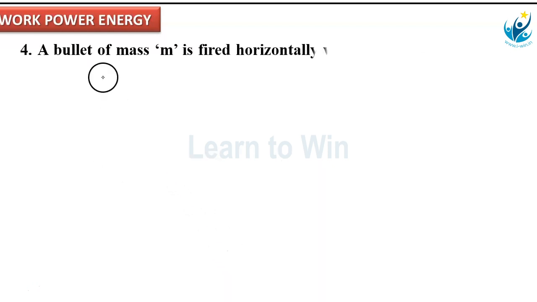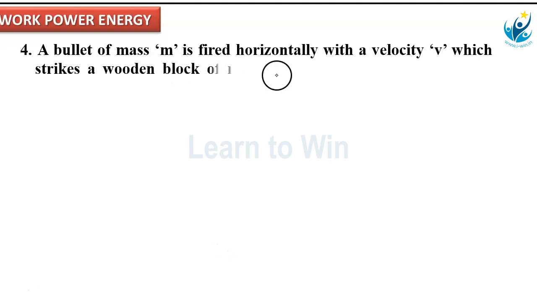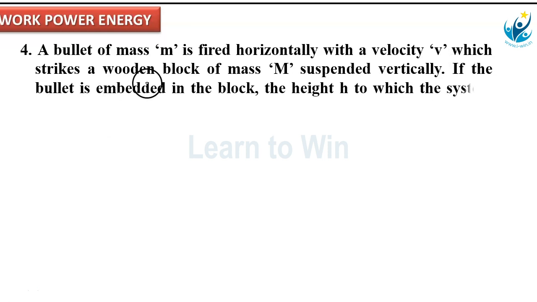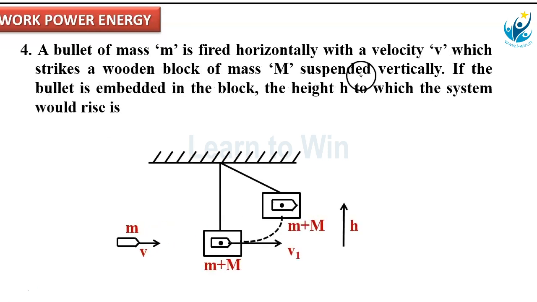Fourth one. A bullet of mass m is fired horizontally with a velocity v, which strikes a wooden block of mass M suspended vertically. Here this is the bullet whose mass is small m, moving with velocity v. This bullet strikes a wooden block, which is suspended from a rigid support vertically.